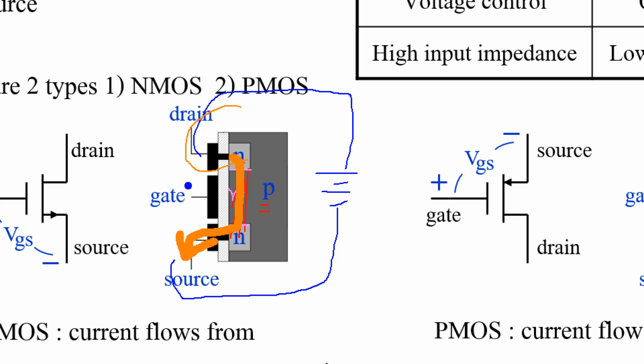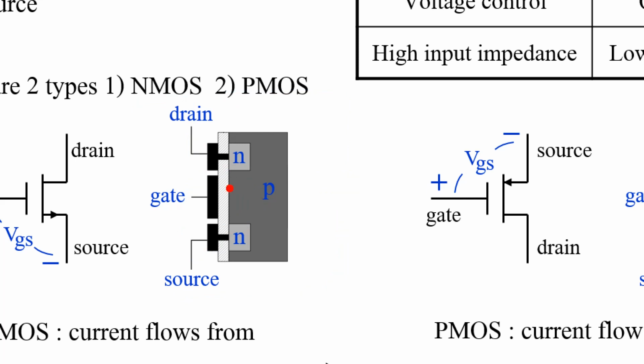After you apply positive voltage at the gate, the N channel will be generated, and then this transistor can conduct current. This kind of MOSFET is called NMOS, with this N channel right here.